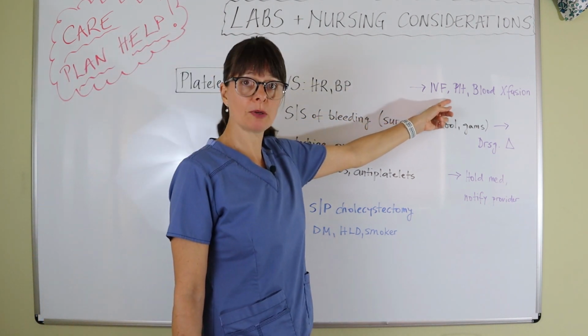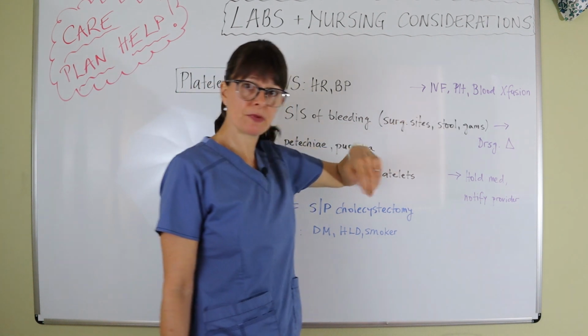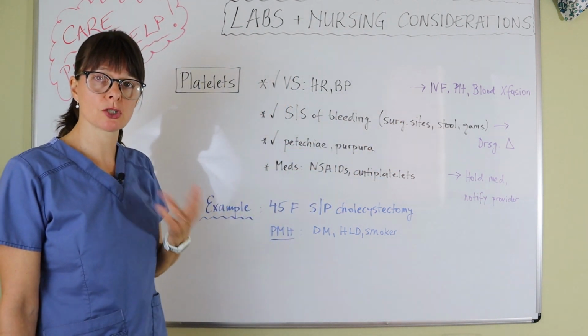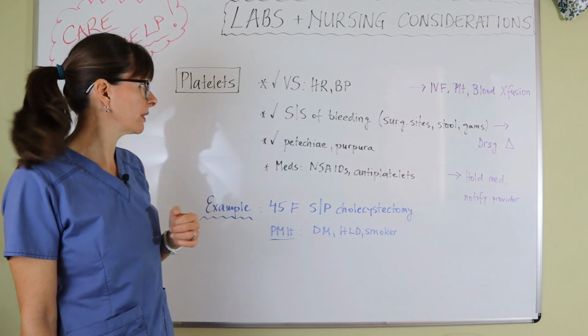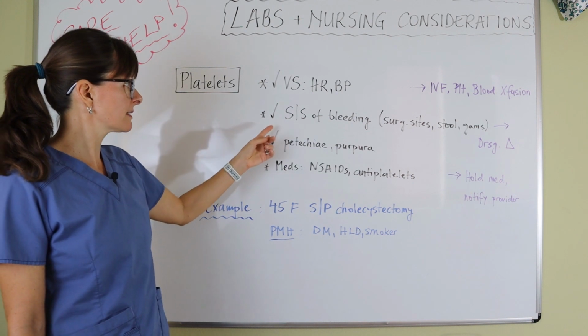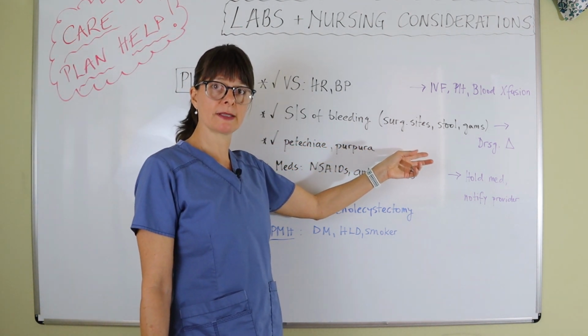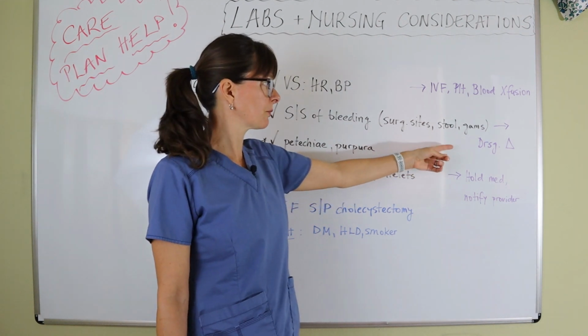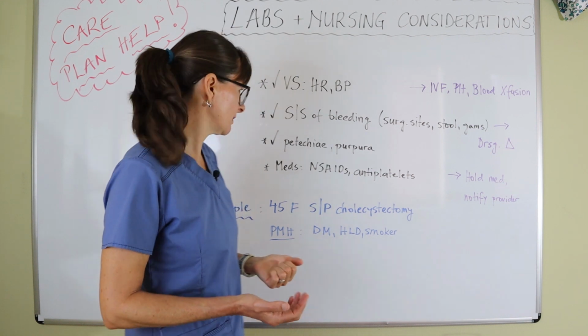We could consider a platelet transfusion if they are low, and even a blood transfusion if it has resulted in bleeding and she's now low on her red blood cells and hemoglobin and hematocrit as well. Now, if there are any signs and symptoms of bleeding from a surgical site or, let's say, the removal of a central line, we want to perform a dressing change and apply simple pressure in order to help with that.